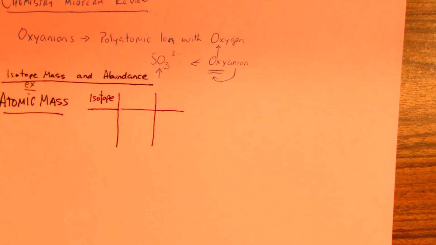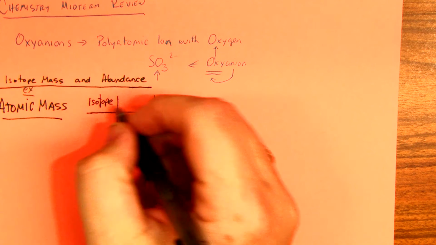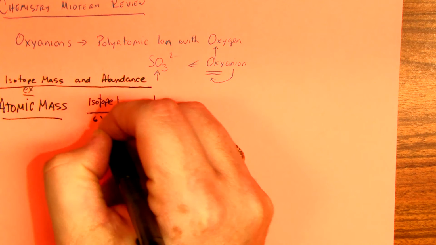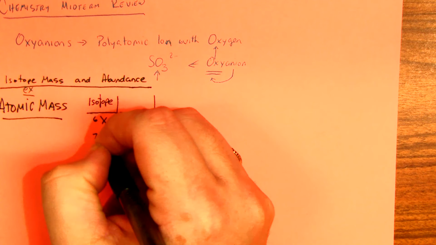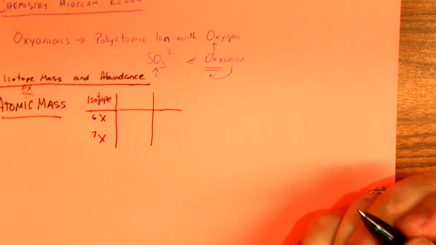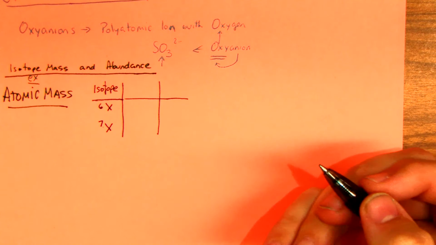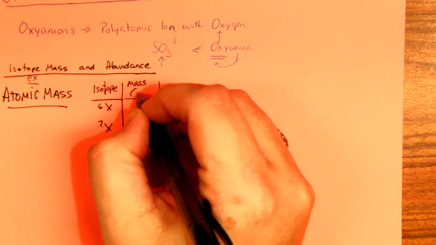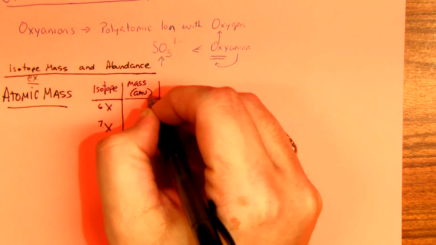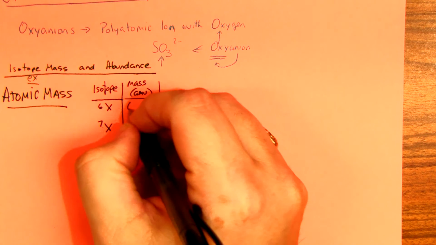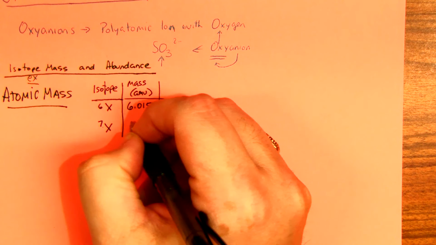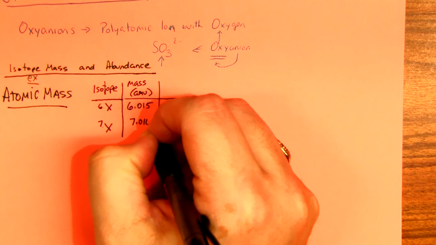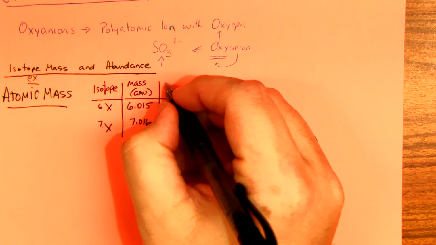All right. So let's say this is just fake. This is totally fake. So we have two isotopes, and the mass in AMUs, that's 6.015, and that's 7.016, and this is the percent abundance.